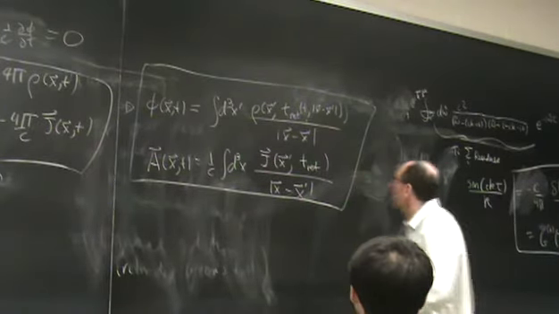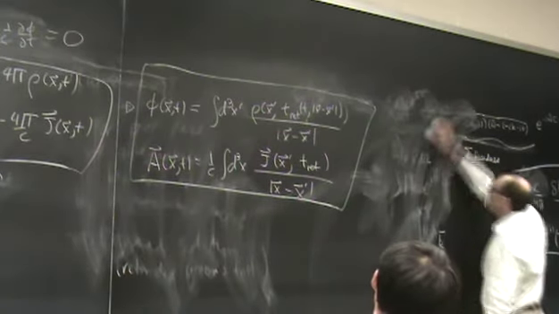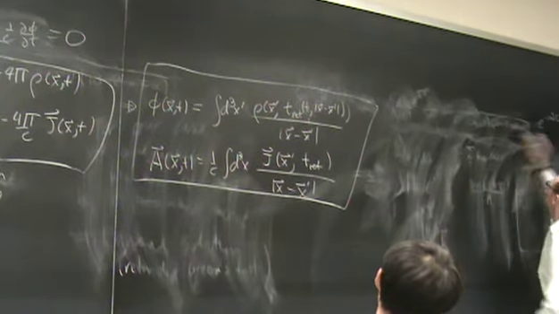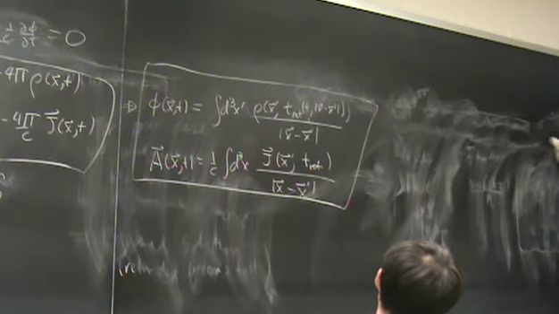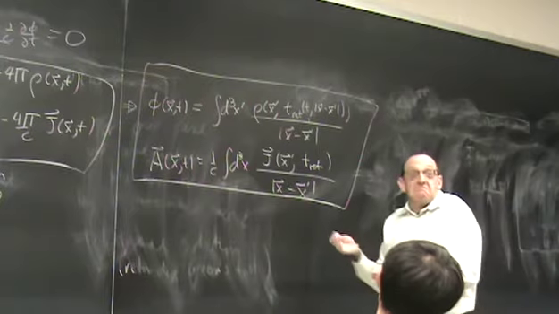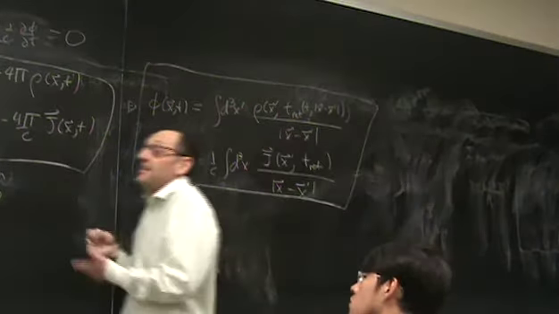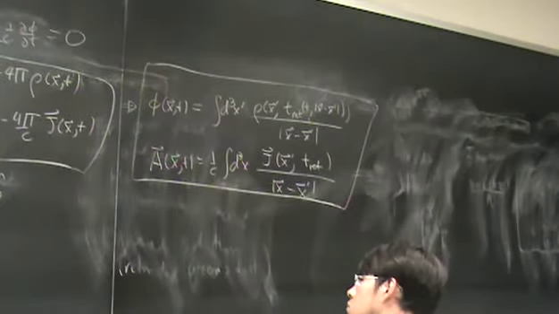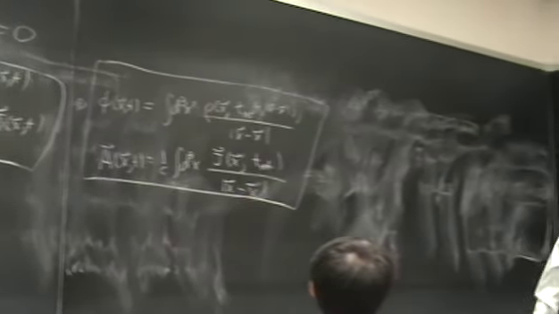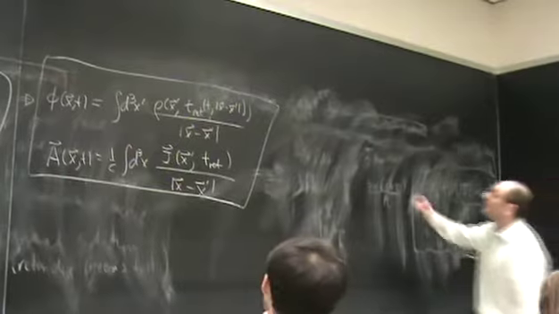Now, to conclude, I want to look at something I think is interesting and sometimes useful. What do these solutions look like if I had chosen the Coulomb gauge? We could have done that. There's nothing that insists on me choosing the Lorentz gauge. So let's look at the solutions in the Coulomb gauge.